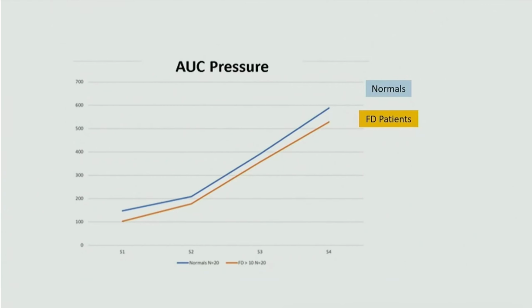This is a comparison of 20 normal subjects and 20 patients. If you calculate the area under the pressure waves, you can see that there were no statistical differences between the pressure sums.